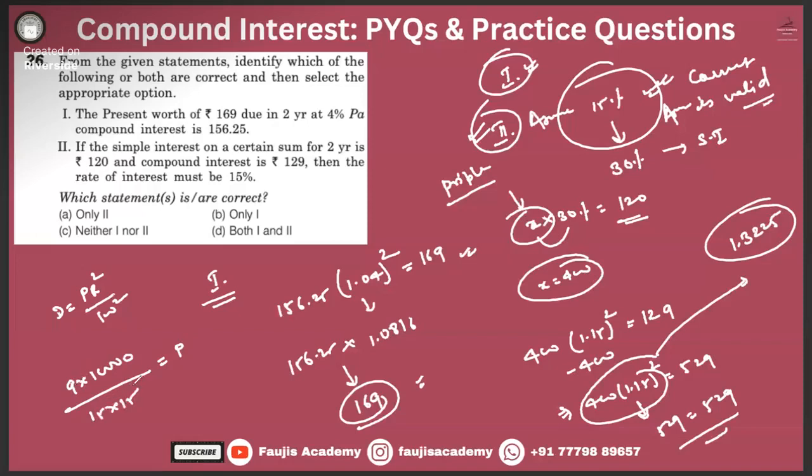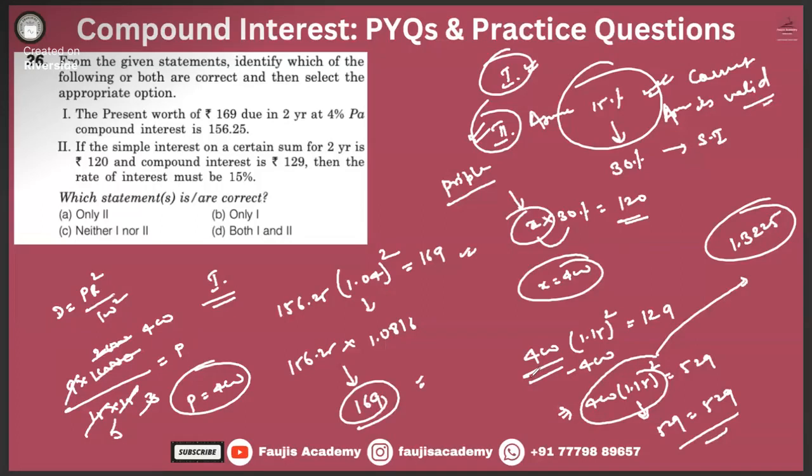We can work it out like this also. Which means the principal is 400, right? This is what we have found out over here, assuming that to be correct.